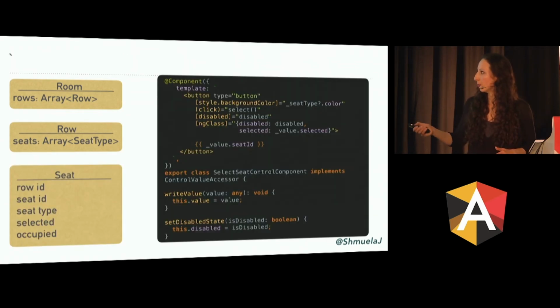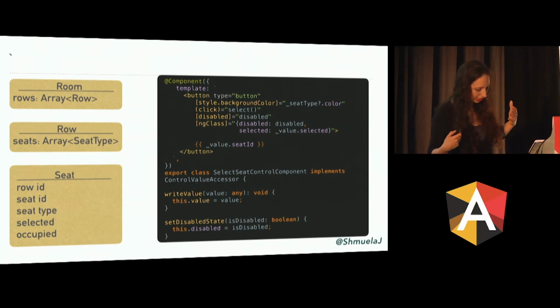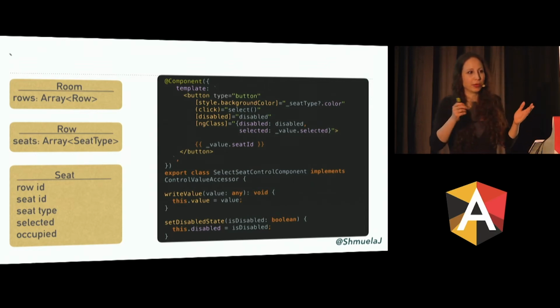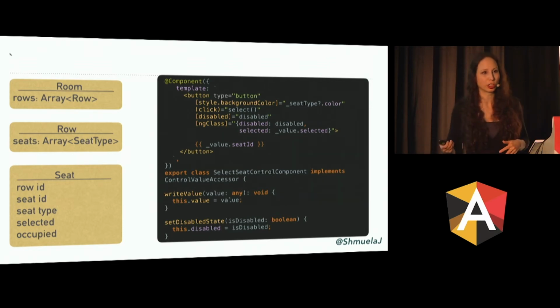Okay, so this is the seat component, which implements a control value accessor, meaning we can now use it as a form control.